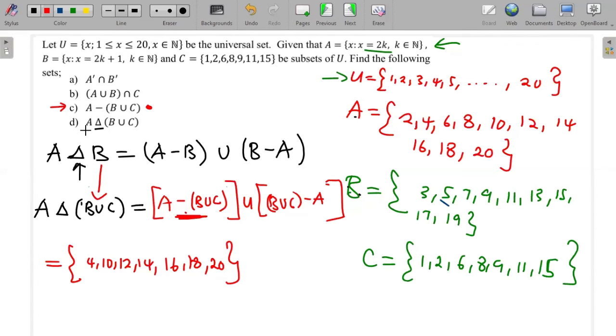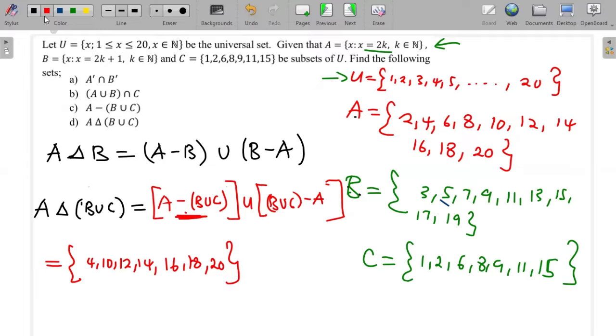Okay, so on D, as you can see, this symbol between these sets looks like a triangle. That symbol is what we call the symmetric difference of two sets. By definition, whenever you have the symmetric difference of two sets, you represent it like this.